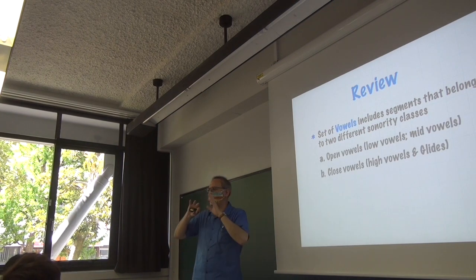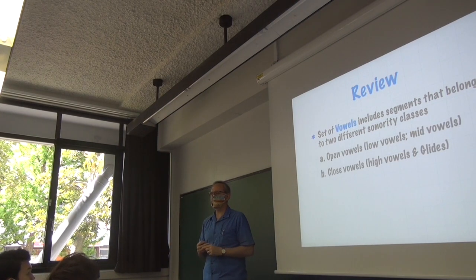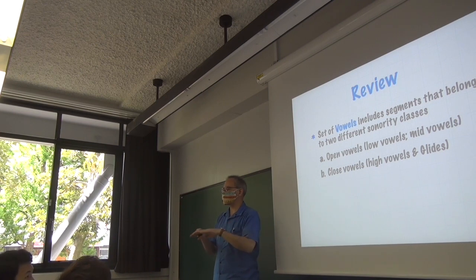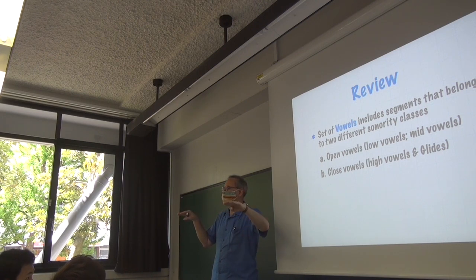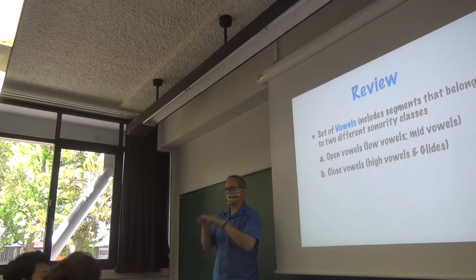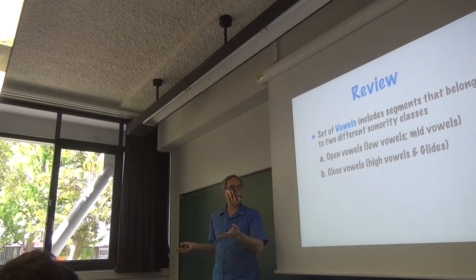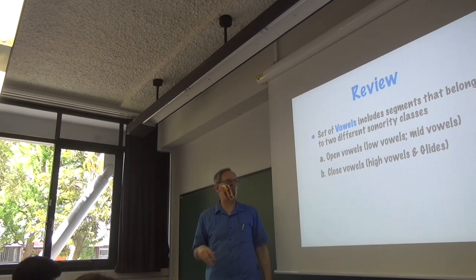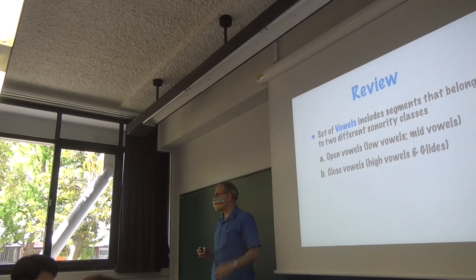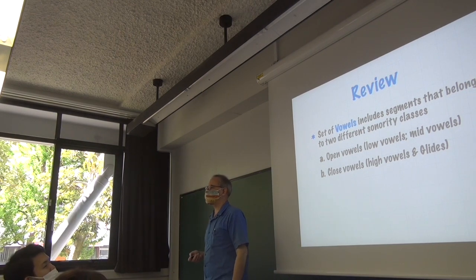So we separate the open vowels, which include low vowels and mid vowels. And then there are the close vowels, those produced with the tongue close to the top of the mouth, the high vowels, which, as we just saw, are in the same tongue position as the glides.